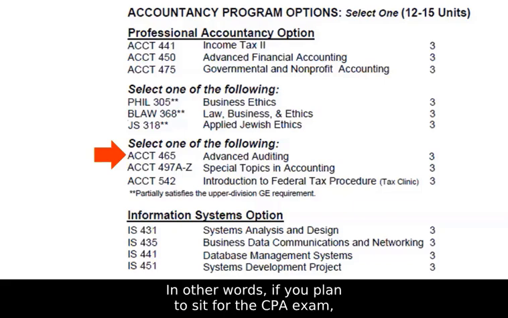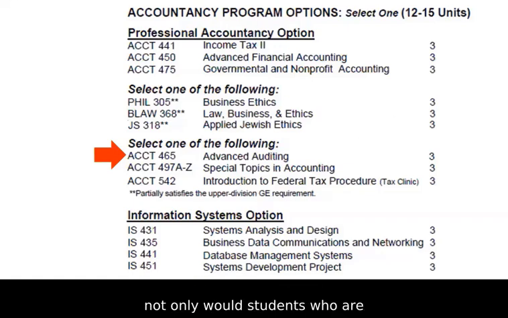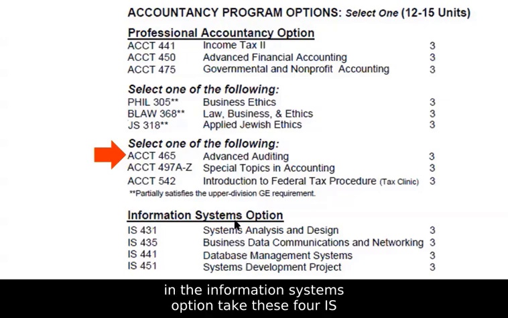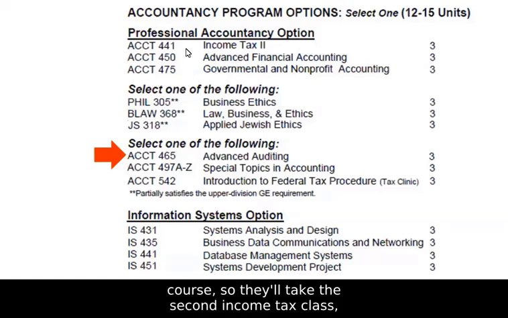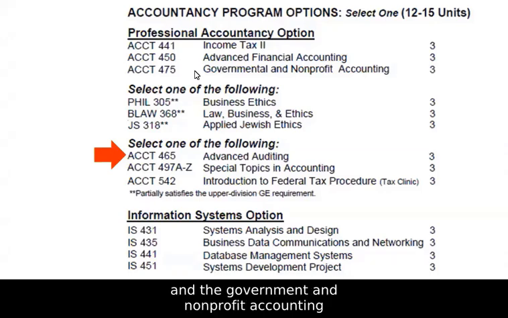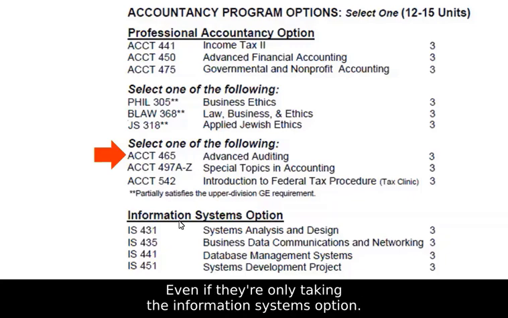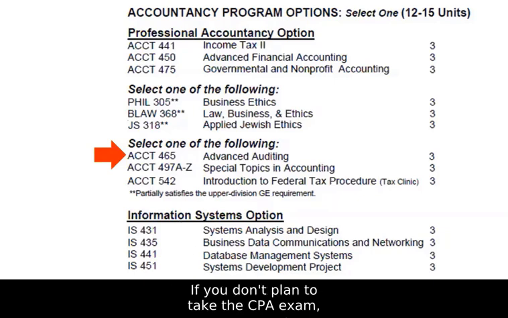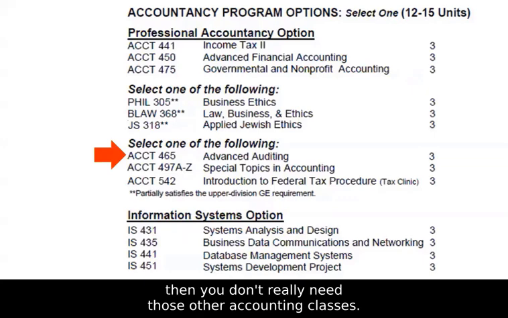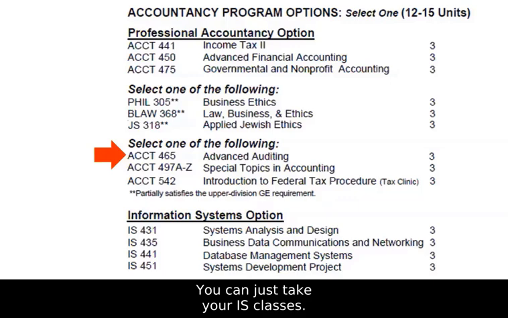In other words, if you plan to sit for the CPA exam, not only would students in the information systems option take these 4 IS courses, they'll take the second income tax class, the advanced financial accounting class, and the government and nonprofit accounting, in addition to advanced auditing. If you don't plan to take the CPA exam, then you don't really need those other accounting classes. You can just take your IS classes.